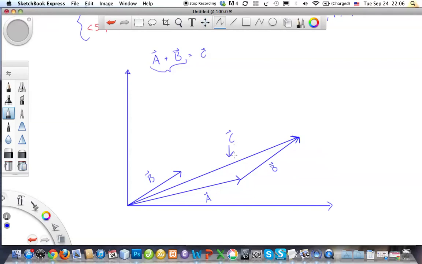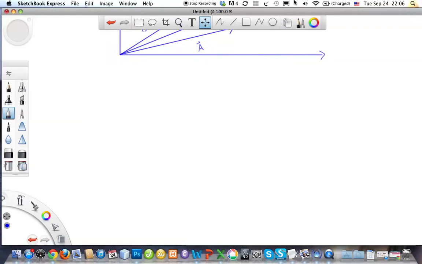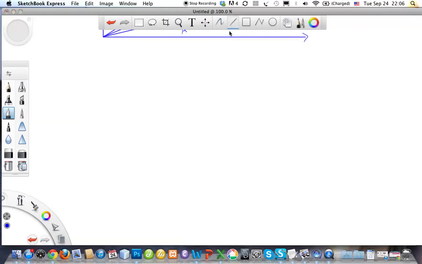Now, if we wanted to put numbers in for all of this and prove it, I'm going to go down further and give this a new screen. We can say that vector A is going over here, so I'm going to have this vector going in this direction.